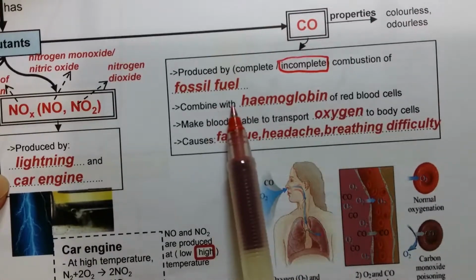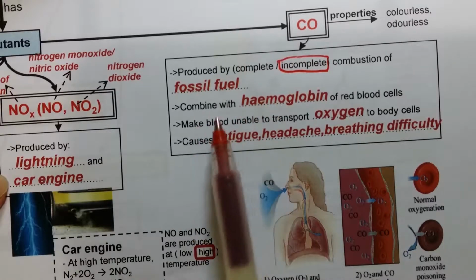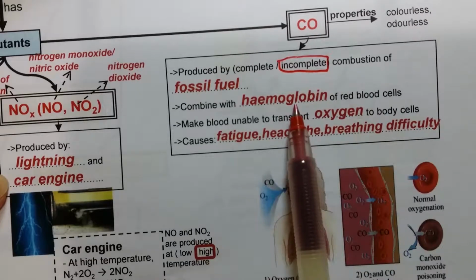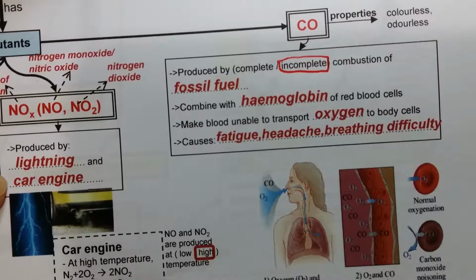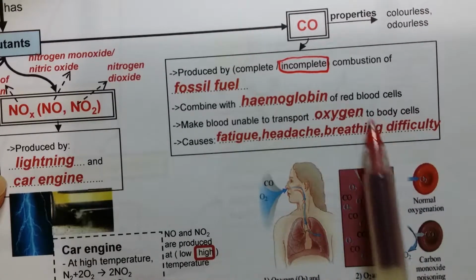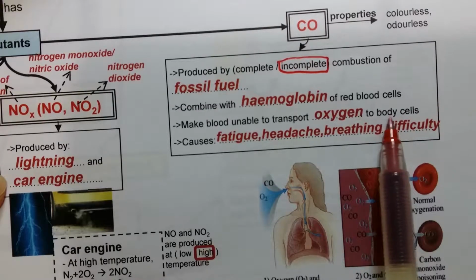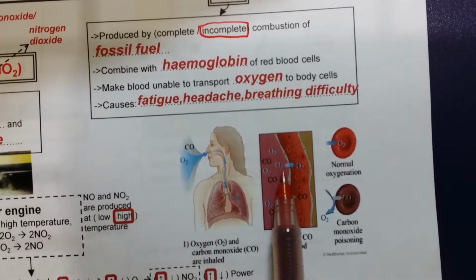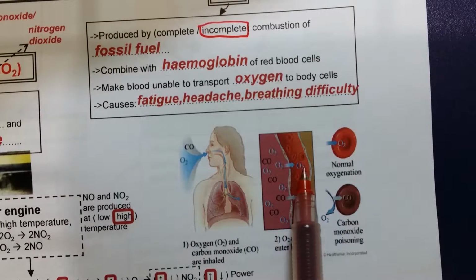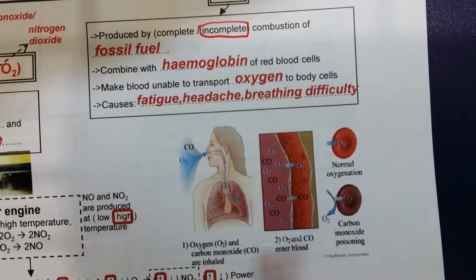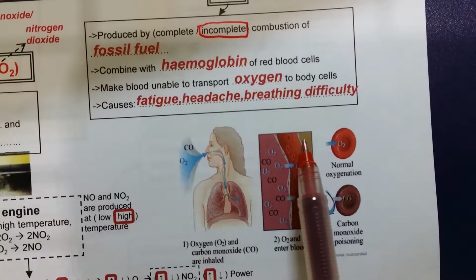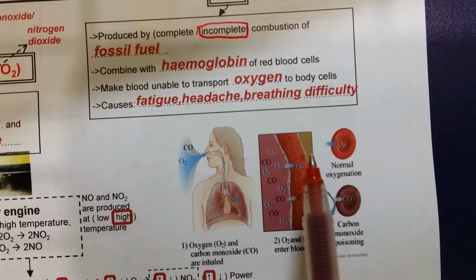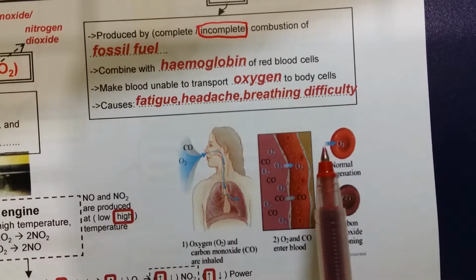Now this carbon monoxide, as you have learned in the lower set, will combine with the hemoglobin of the red blood cell. The function of the hemoglobin in the red blood cell is basically to transport oxygen to the rest of the body cells. So if you breathe in carbon monoxide, it will combine with the hemoglobin of the red blood cell. Instead of transporting oxygen, the hemoglobin will transport carbon monoxide.